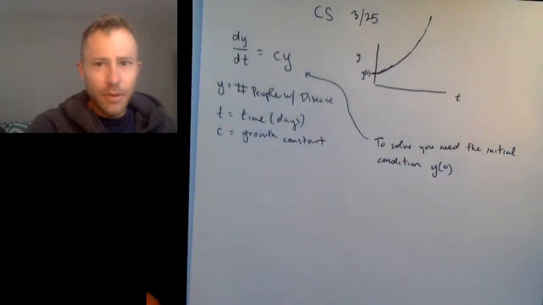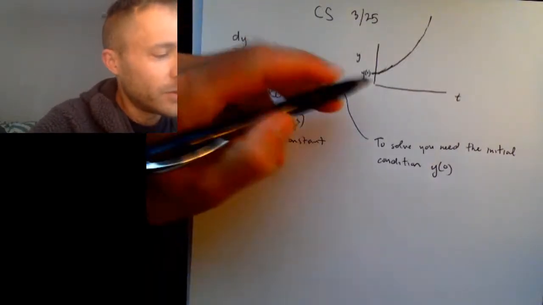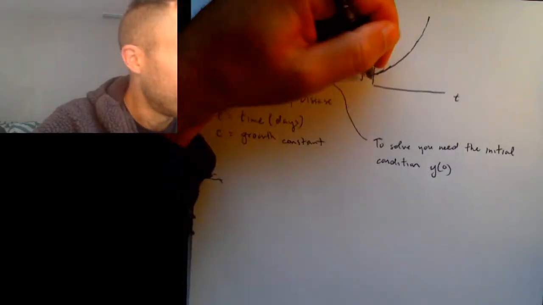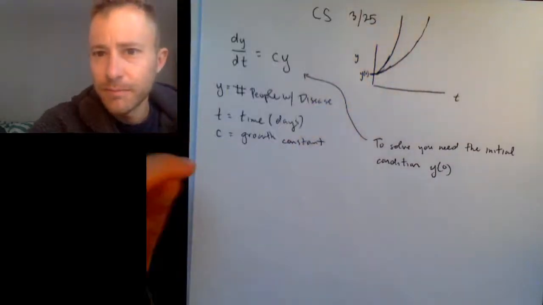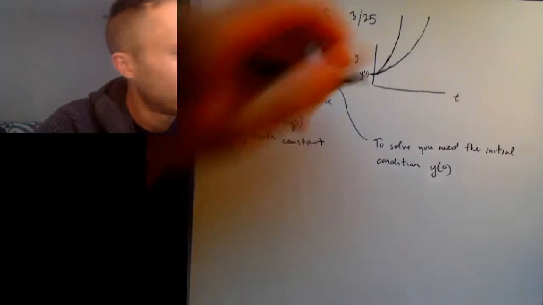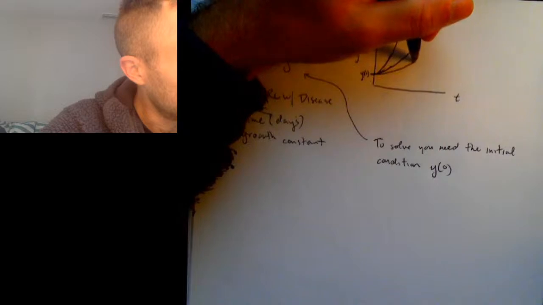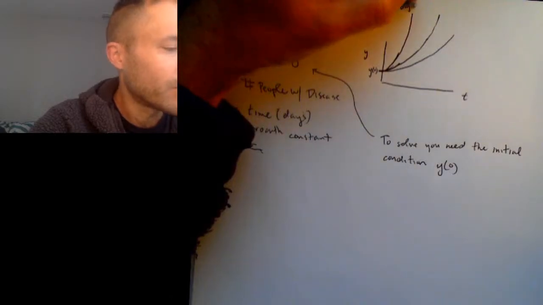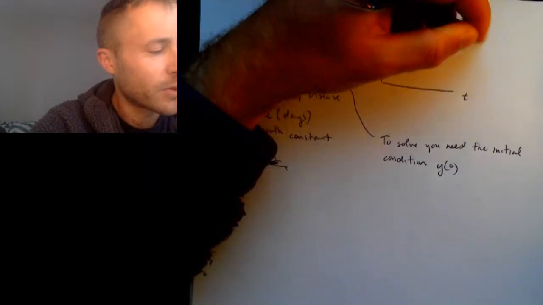Now, the growth constant determines how rapidly it grows. If you have a bigger growth constant, it's going to curl up faster. If you have a smaller growth constant, it's going to curl up more slowly. So this is a big growth constant, and this is a small growth constant.